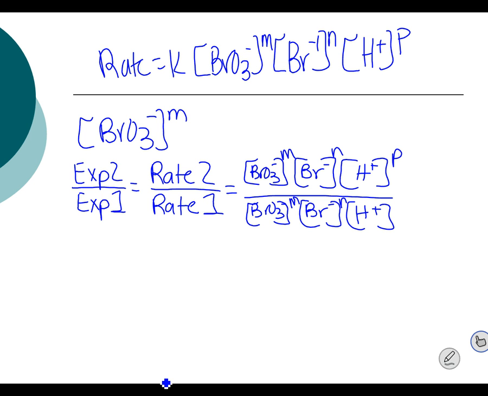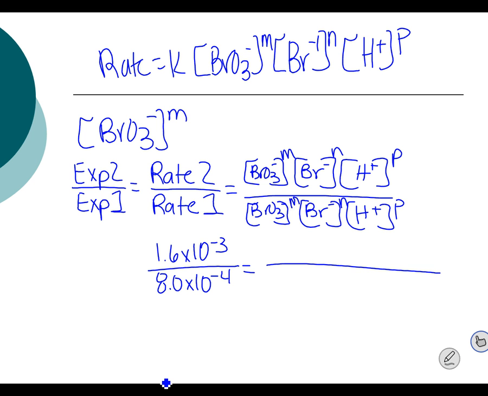Okay, so let's fill in. Rate 2 was 1.6 times 10 to the negative third. Rate 1 was 8.0 times 10 to the negative fourth. Now, our bromate, which was changing, in experiment number 2, it was 0.2.